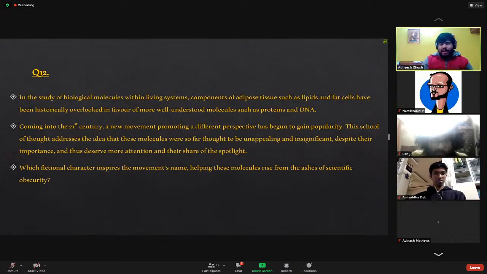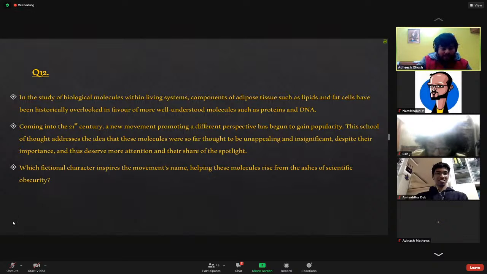Just to narrow it down, the character's name is just one word, or rather, we know them by one word. And again, the lateral hint that I gave was that this is question number 12 for a reason. So try and put all of that together, right?